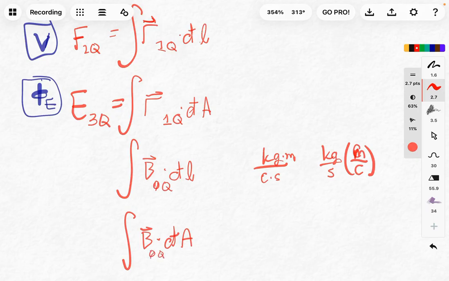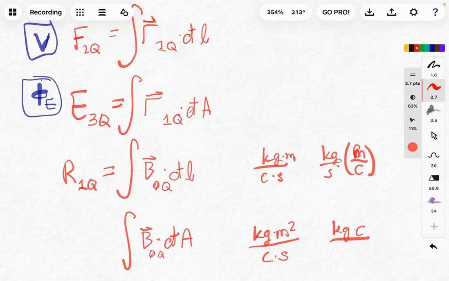As defined before, we can recognize this as resistance with 1 as a power. And we can then go with kilograms times meters squared by coulomb seconds. And again, we want to remove the meters. And here we would like kilograms times coulombs per second, meters per coulombs squared.